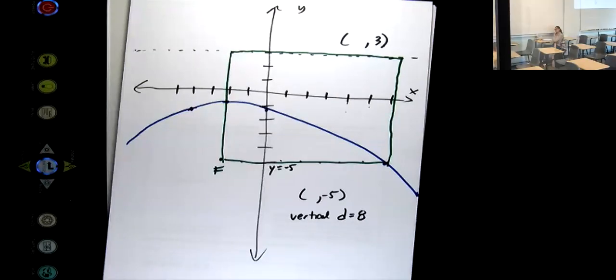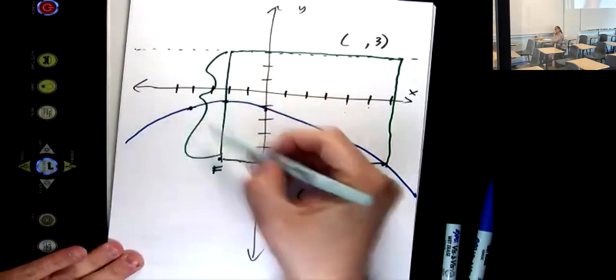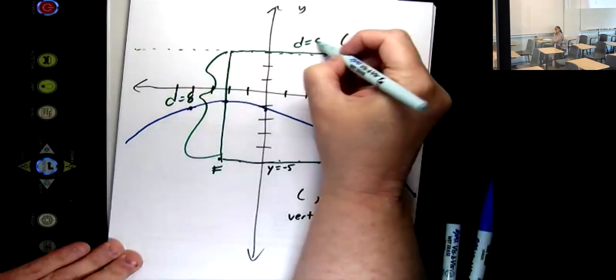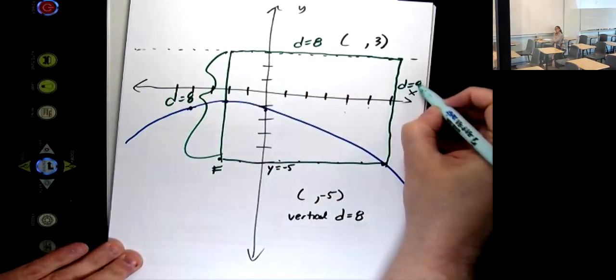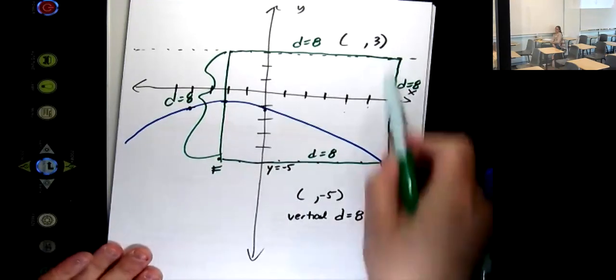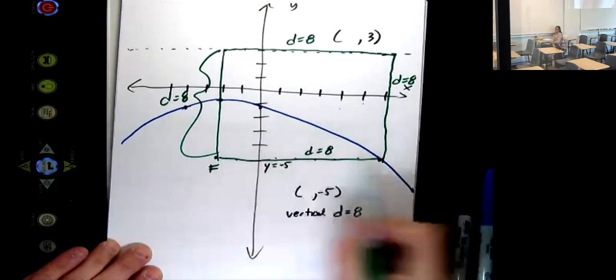So he said, let's make a box. And it was all based on this distance right here. He knew this distance was 8, so I need the rest of the box to be 8. He went from the focus. Coming over here, he knows this distance has to be the same as that distance, which means this distance has to be the same.